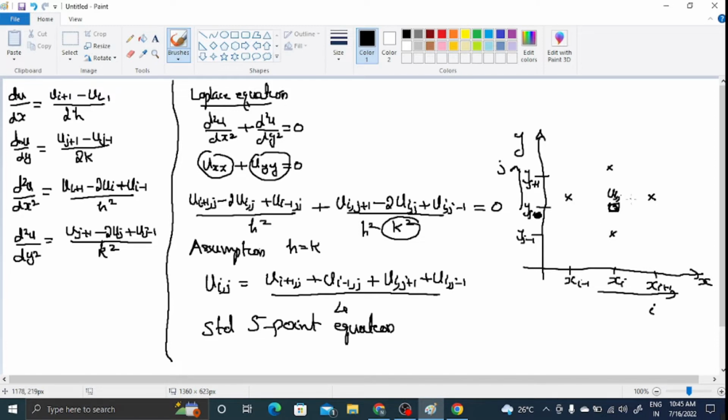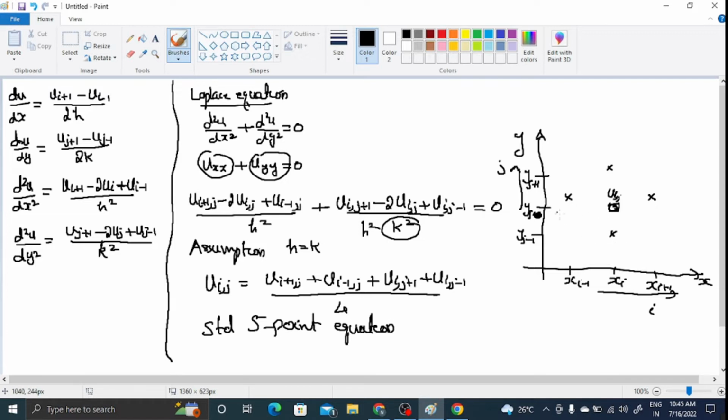So by using the left, right, top and bottom points, we are finding the center point, or by taking the average of left, right, top and bottom points, we are finding the current value, means the center value. So this is known as the standard 5-point formula.